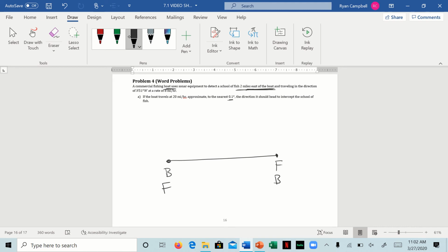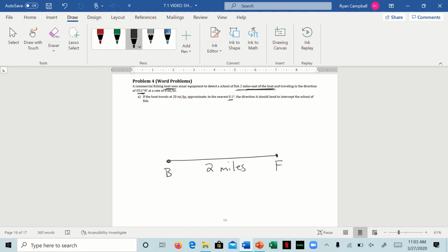So the fish is 2 miles east of the boat. So this is the way it's going to look, right? Fish is on this side, 2 miles. And that does matter.